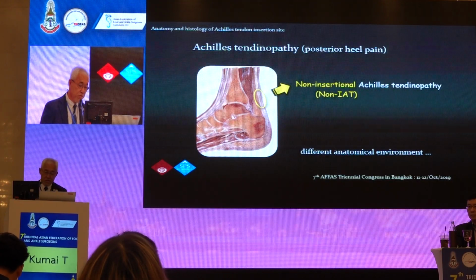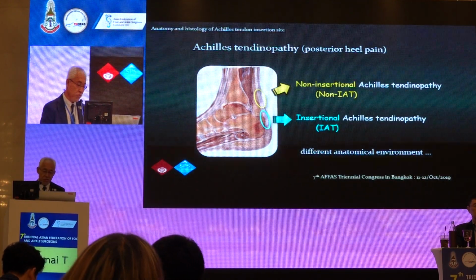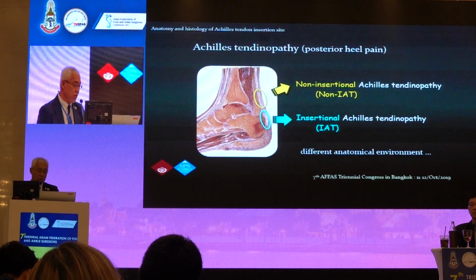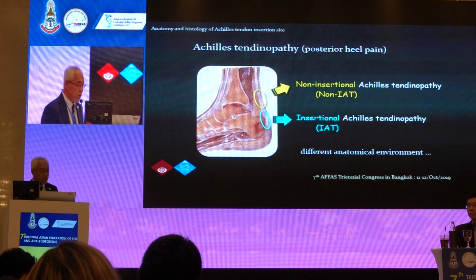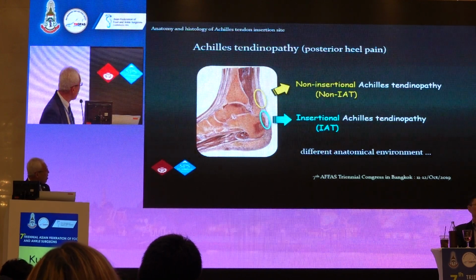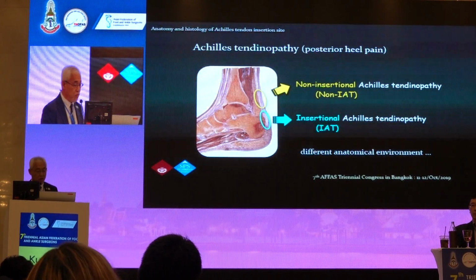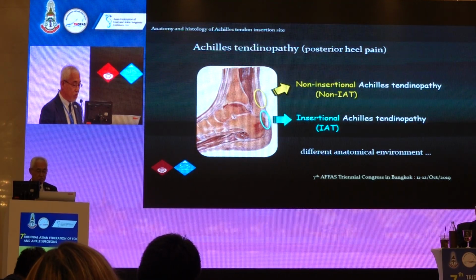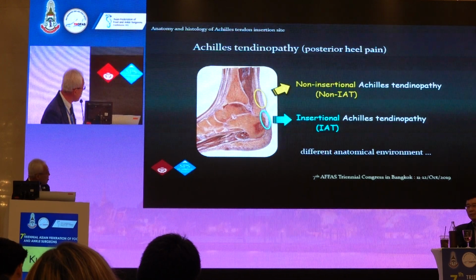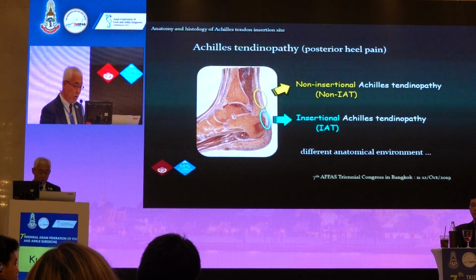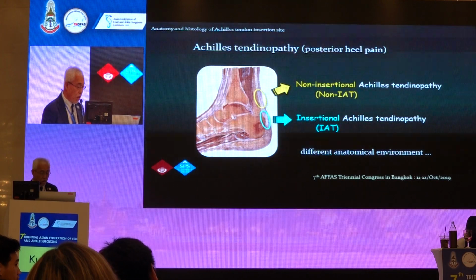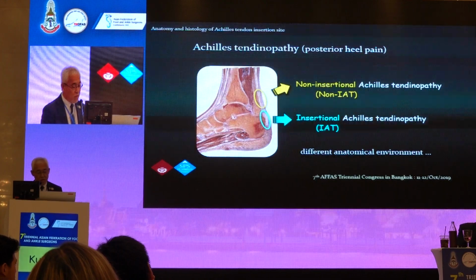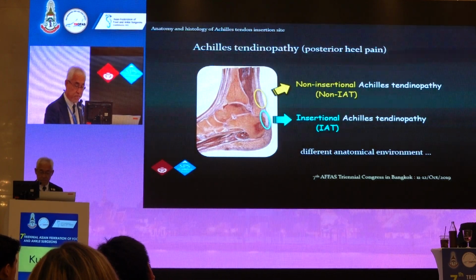As you know, Achilles tendinopathy is divided into two different pathologies according to anatomical location. One is in the proximal part of the Achilles tendon substance: non-insertional Achilles tendinopathy. The other is at the enthesis of the Achilles tendon to the calcaneal bone: insertional Achilles tendinopathy.